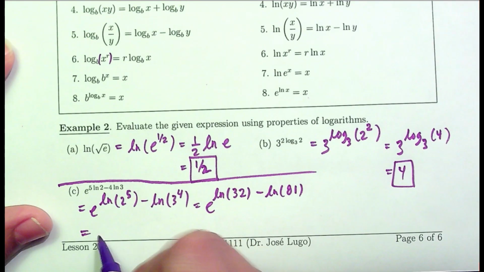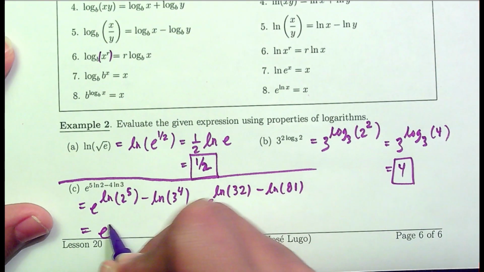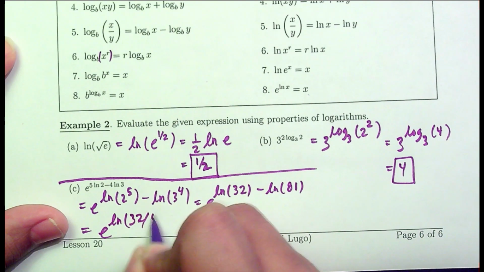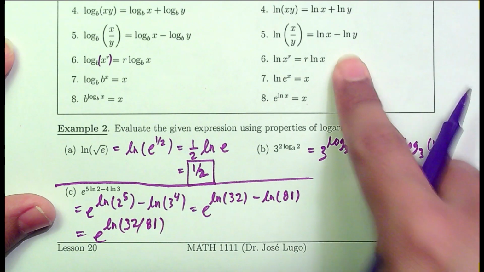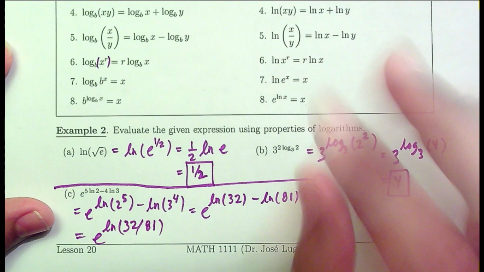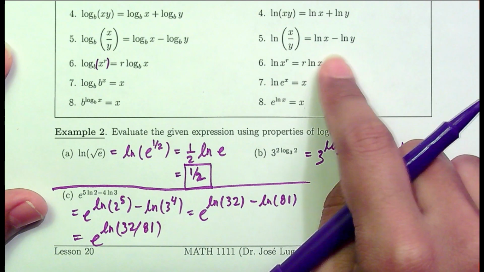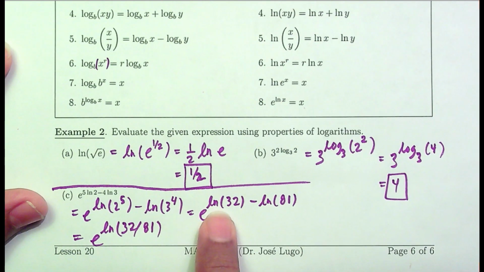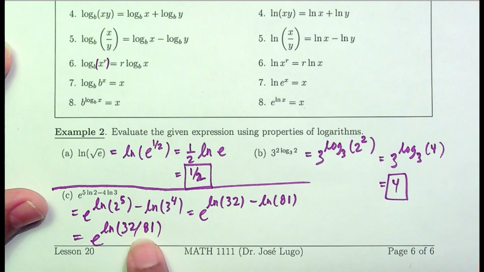Combining just those two ln's, that would be the ln of the quotient, 32 over 81. That's property 5. A difference of logarithms can be compactified, or condensed is the word we usually use, to a single logarithm, namely the logarithm of the quotient. So that's what I did there. Logarithm of 32 minus logarithm of 81 equals the logarithm of the quotient, 32 over 81.